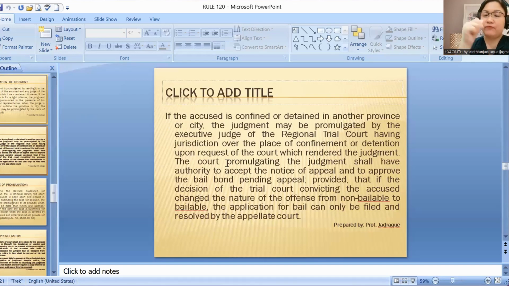For example, if that case is in Bohol, the Bohol court to which the other case of the accused is pending can request and coordinate with the executive judge in the RTC here in Cebu who has jurisdiction over the place of his confinement or detention.